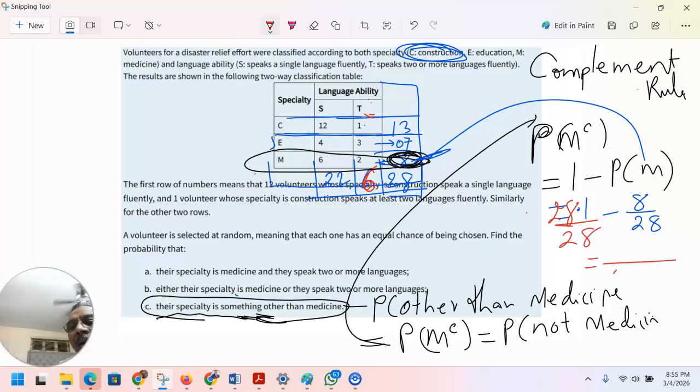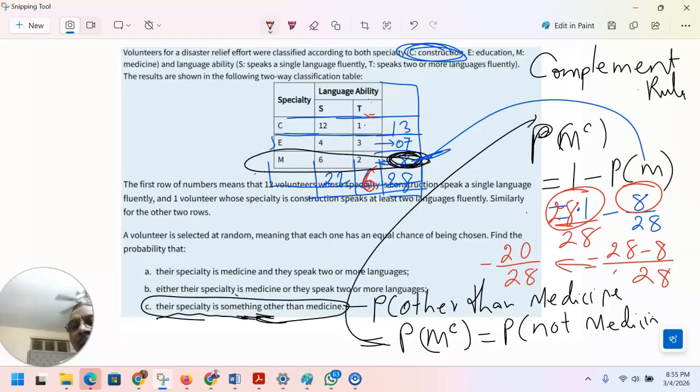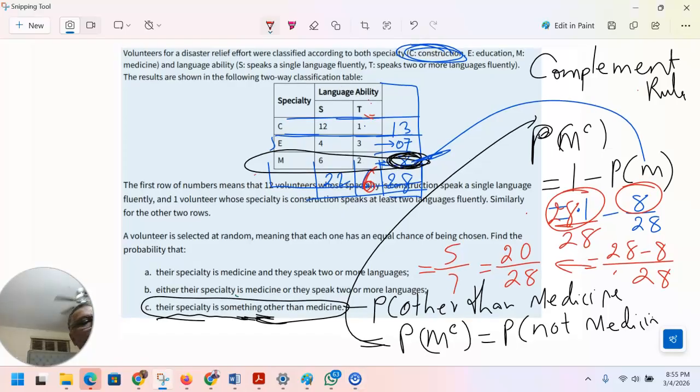So you have a common denominator 28, and the numerators are written exactly the same: 28 minus 8, and you get 20 out of 28, which you can still reduce if you divide by 4, 5 out of 7. If you put it on the calculator, you get 0.57.